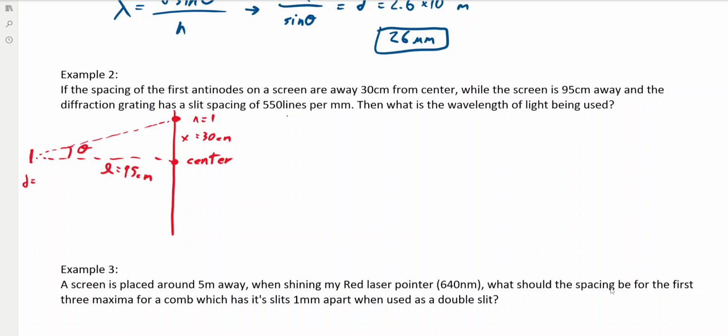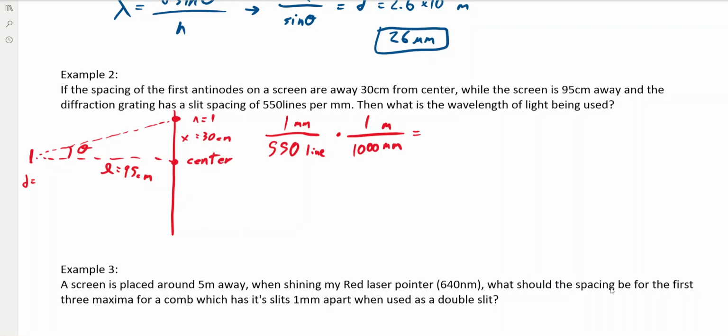What we're going to have to do is go 1 over 550, and this is lines per millimeter, so it's millimeters per line now. So this gives us millimeters, but what we want to know is meters. So what we're going to do is divide this by 1,000, or actually better yet, multiply by meters on top and millimeters on the bottom, which is 1 over 1,000, so dividing by 1,000.